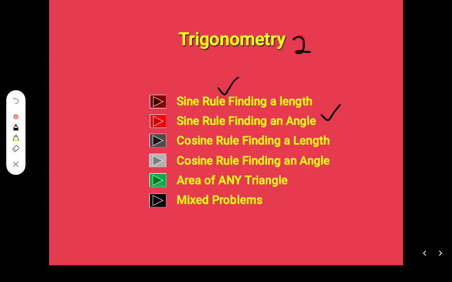We shall progress to look at how we can use the cosine rule to find a length of a triangle when adequate information has been given. We shall also look at the cosine rule to find an angle when enough information has been given. At the very end, we are going to derive a general formula for finding the area of any triangle. And then we move on to look at some problems.